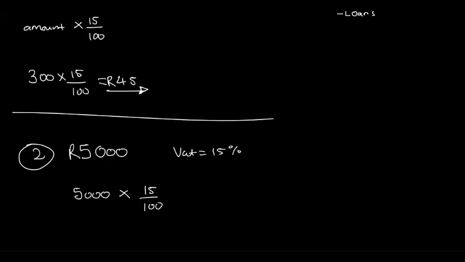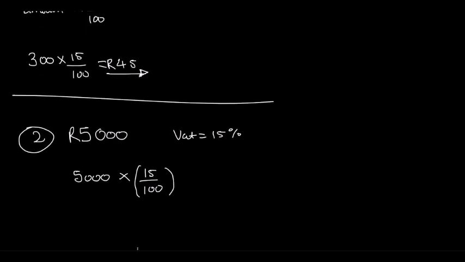Remember, whenever we're given a percentage, we need to turn it into a number divided by 100. Okay, and obviously with this, you're going to find that your VAT is 750 rand.